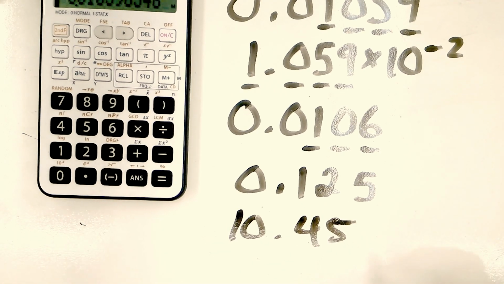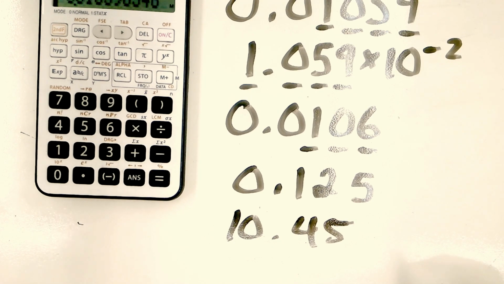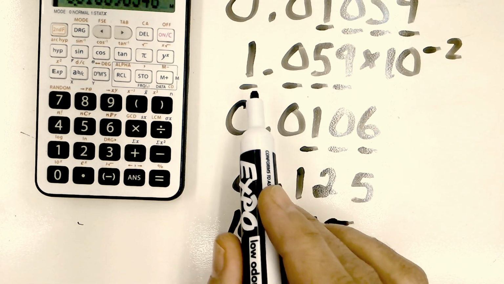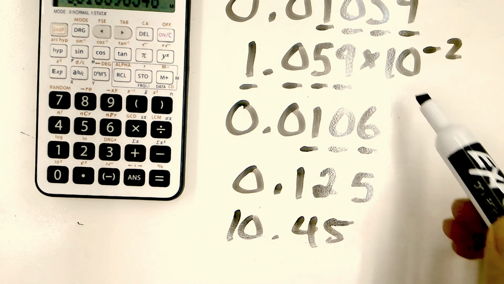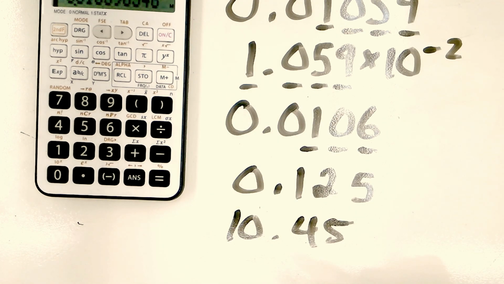This is already easy to read. But as soon as we have numbers that are very large or very small, it can become easier to read them using scientific notation. Or, if for some reason we want to very clearly show which numbers are the significant digits, we can also write it in scientific notation. So it's a tool that we use to make our mathematical work more clear or easy to read. We don't use it in all cases.